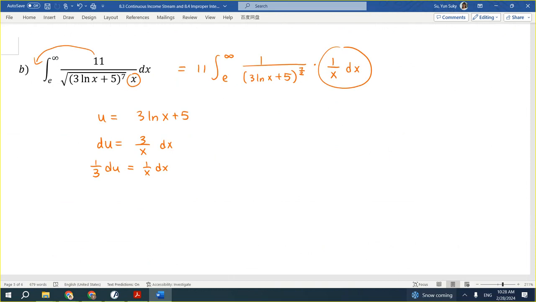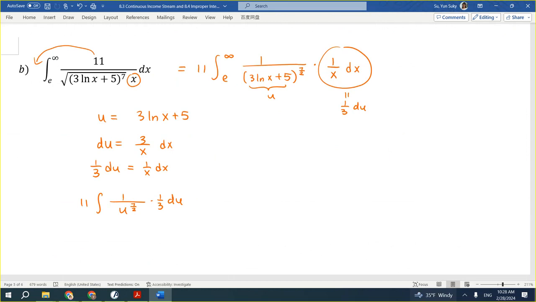Okay, so then we have 11. Let's do the indefinite integral. Then we get 1 over, do you see that's u to the 7 half? Right, everybody? This is u, this is u, and this is what? 1 over 3 du. So we express everything in terms of u.